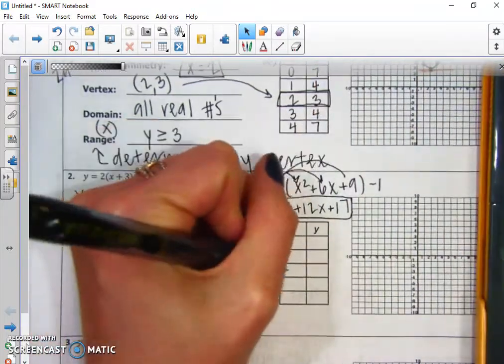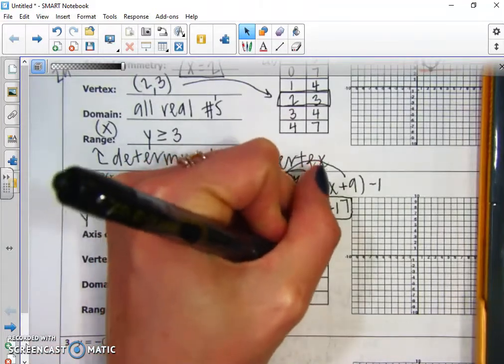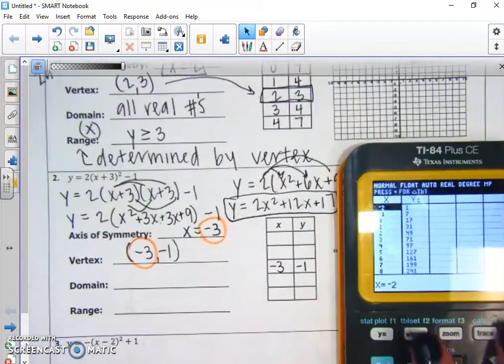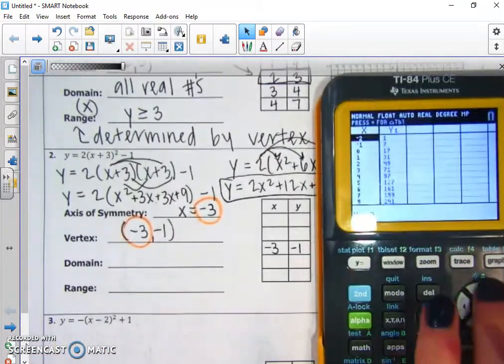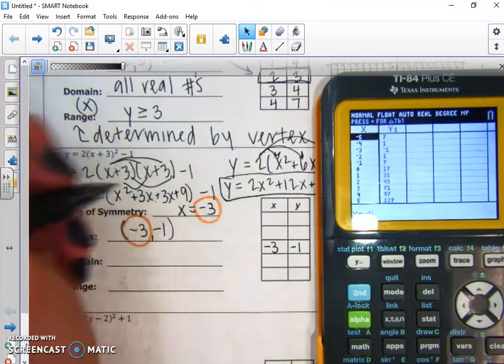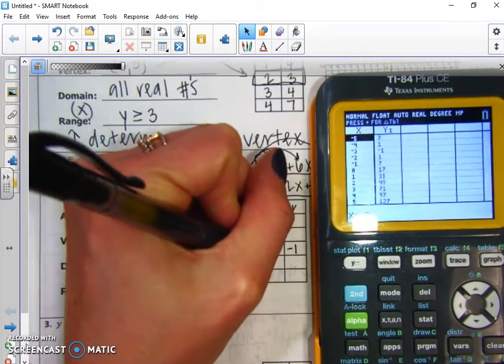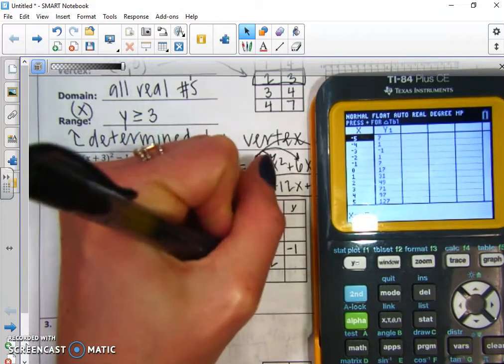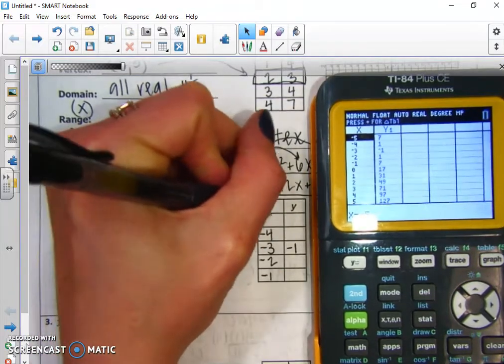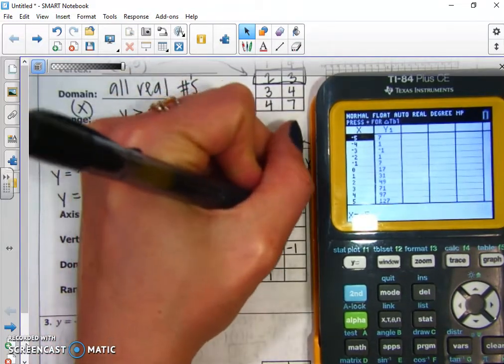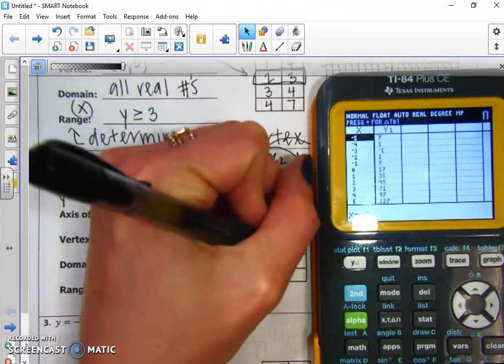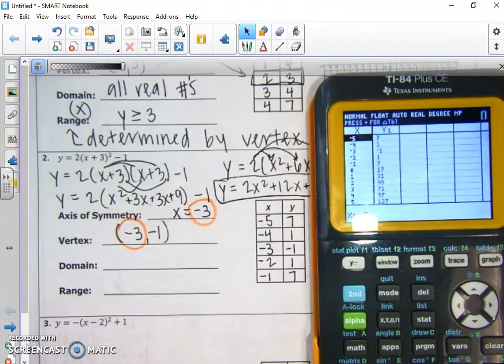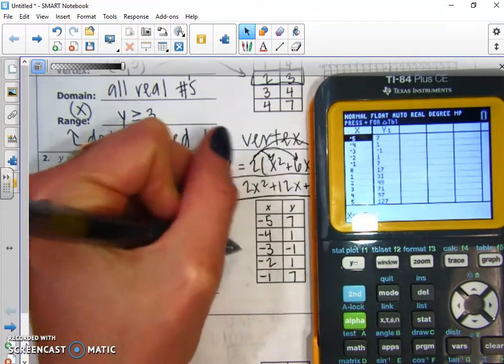Our vertex was negative 3, negative 1. And then we'll use our calculator to give us the rest of the points. I like making my calculator do the work for me. There are our values. Vertex is here.